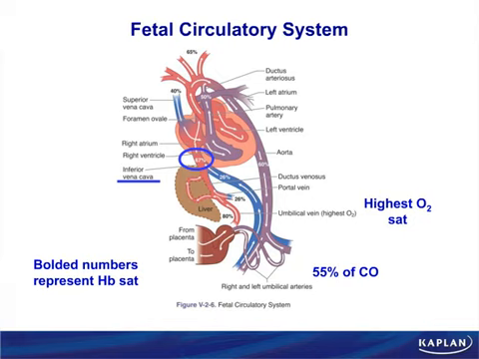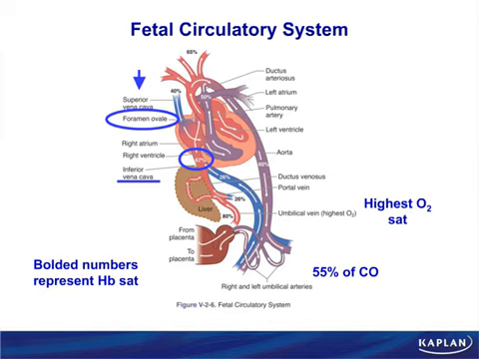Now, most of this blood will go into the right atrium and then directly into the left atrium via the foramen ovale. From there, the left atrium goes to the left ventricle, which gets pumped into the aorta. Now, the blood being drained from the superior parts of the body, from the head, get drained by the superior vena cava. And notice that we only have about 40% saturation. Most of this blood flow goes to the right atrium, then to the right ventricle, and pumped into the pulmonary artery.